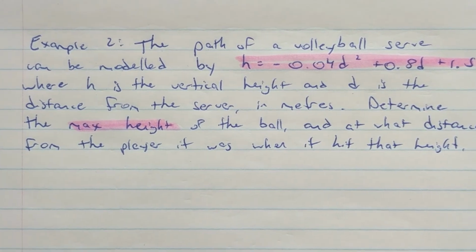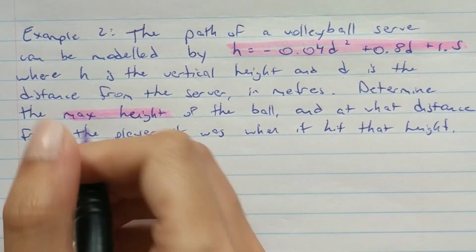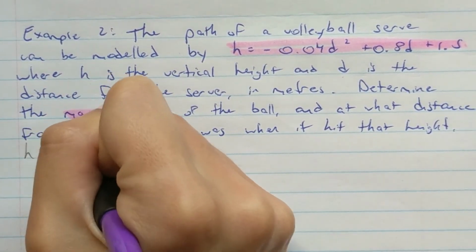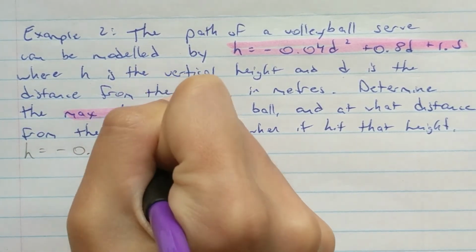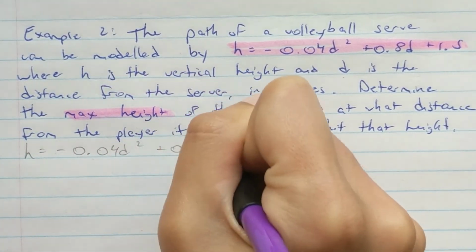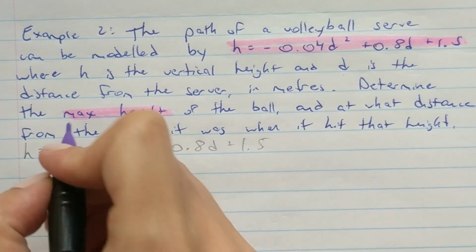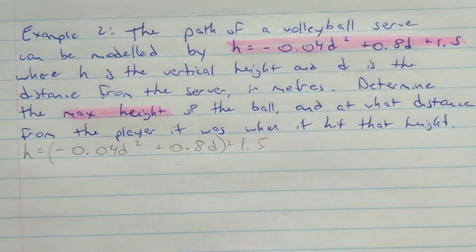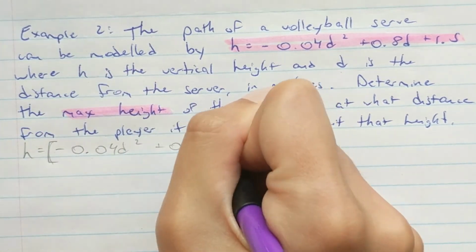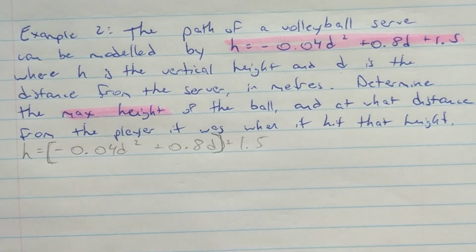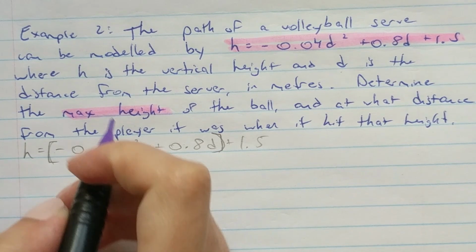Let's do that. I'm just going to rewrite my equation down here. H is equal to negative 0.04d squared plus 0.8d plus 1.5. First things first, I'm just going to immediately isolate my first two terms using square brackets. Now I need to factor out a.